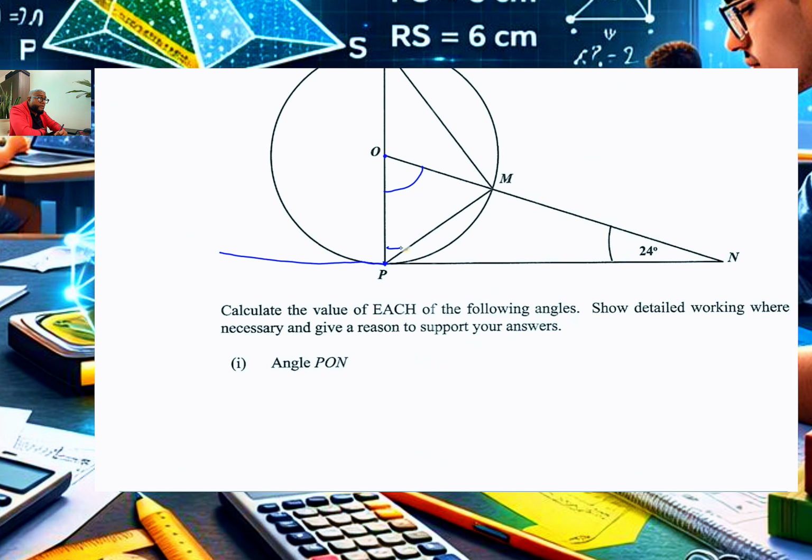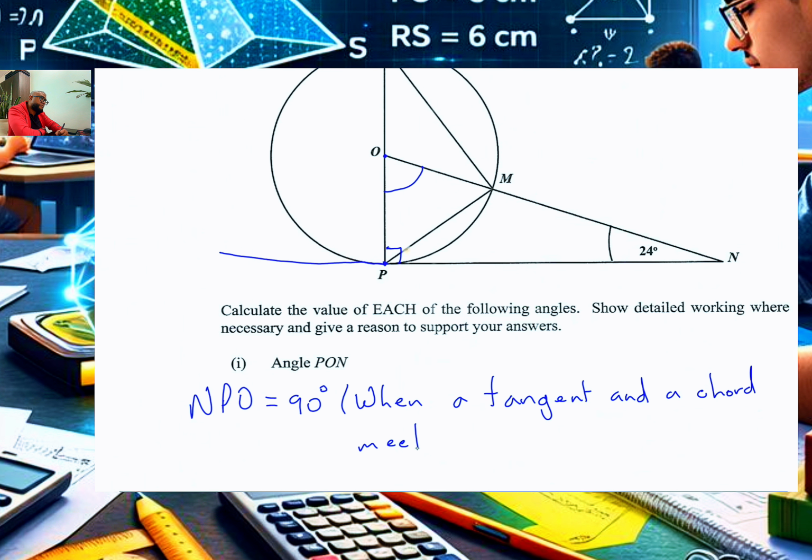And followed by that, the next fact we'll have to use here is that the three angles in a triangle add up to 180. So let's first put that NPO would be equal to 90 degrees, and you must put the reason, right? When a 90-degree angle is formed. Everybody good here?